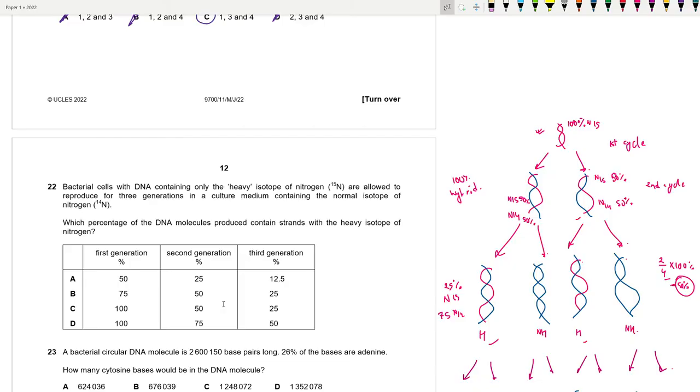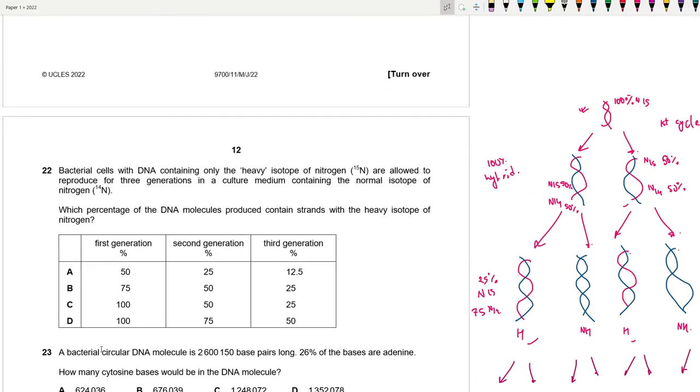Bacterial cells with DNA contain only the heavy isotope of nitrogen 15 and are allowed to reproduce for 3 generations. So after the first cycle, we are going to get the first generation. This is the second generation, and this is the third generation. Okay. So in the first generation, we have 50% nitrogen 15 and 50% nitrogen 14.